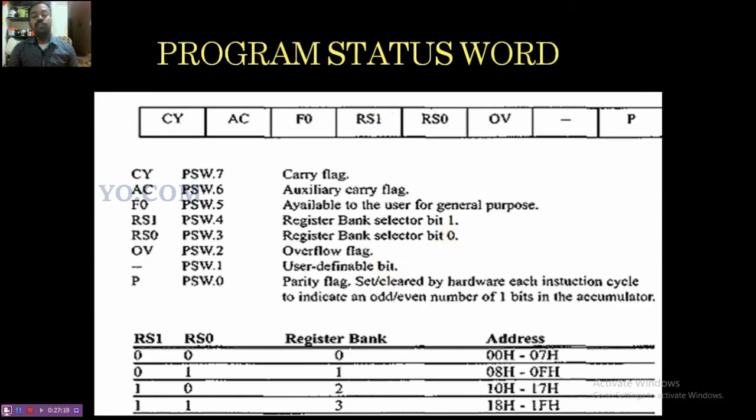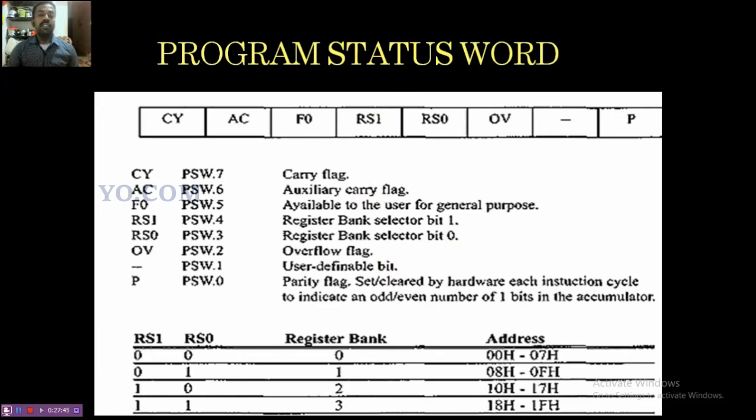By using these 2 bits we can select among 4 register banks. The 8051 microcontroller has 4 register banks. Each bank has 8 registers, R0, R1, R2 up to R7. These registers are used to store data temporarily.